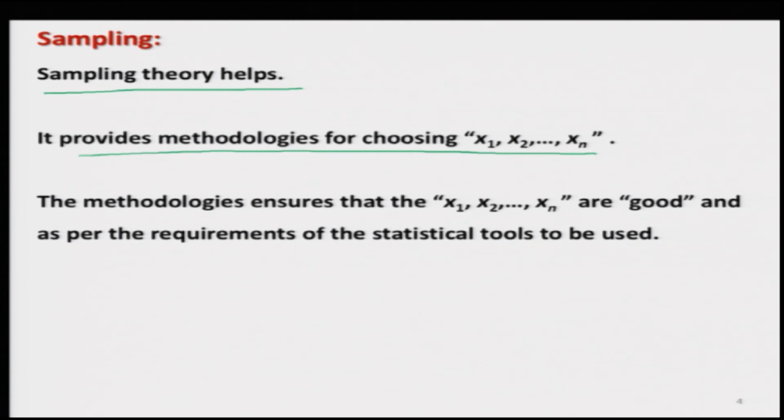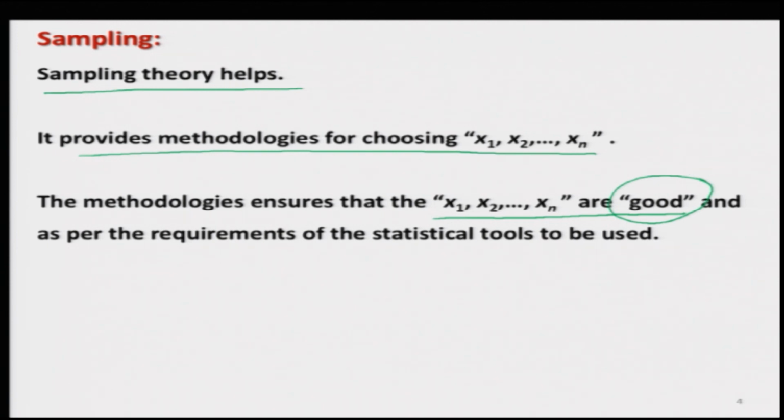These methodologies have been devised for different types of conditions, and if you choose the correct methodology for a correct situation, then the sample drawn from that methodology will ensure that the random sample x1, x2, xn, these observations, are good. When I say good here, I have put it within quotes. Why good?